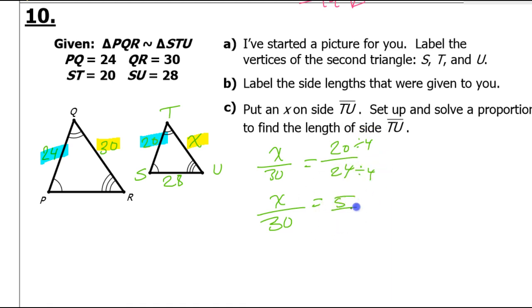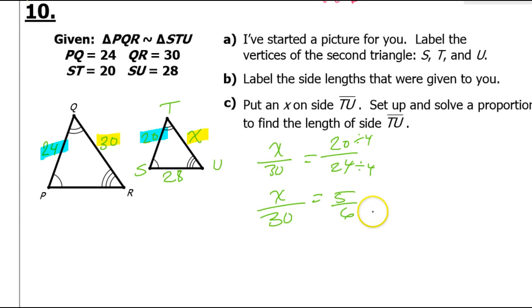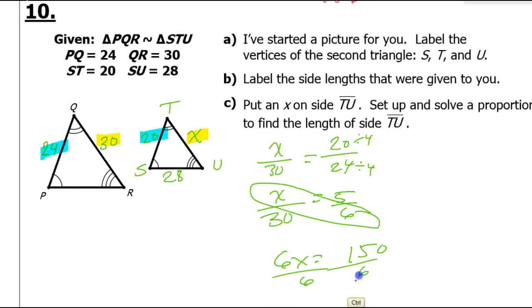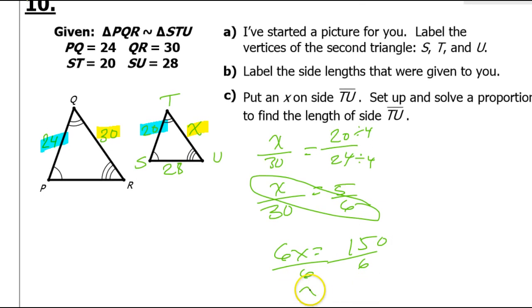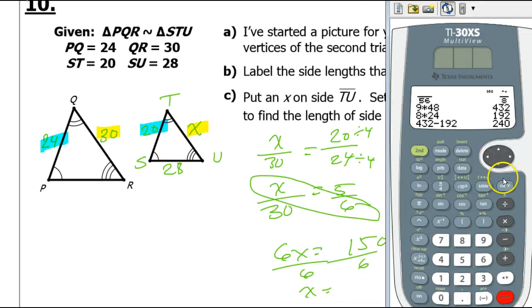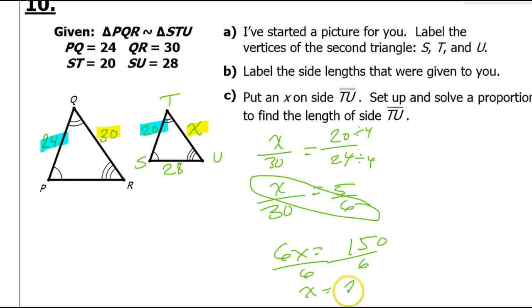So that's going to be 5 over 6. And then it's time to cross multiply. So I will get 6x is equal to 150. And of course, if I divide both sides by 6, what am I going to get now? 25. Okay, and that's the answer to the length of side TU.